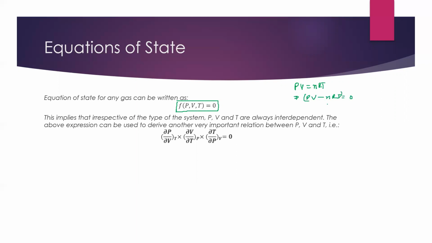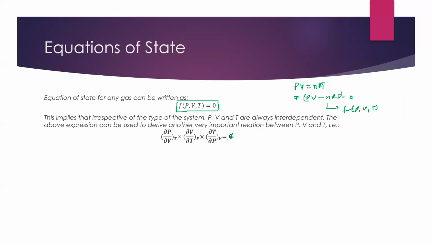So PV minus nRT is basically a function of pressure, volume, and temperature. In case of variable mass systems, of course, even the number of moles can be considered. So this implies that irrespective of the type of system, pressure, volume, and temperature are always going to be interdependent.